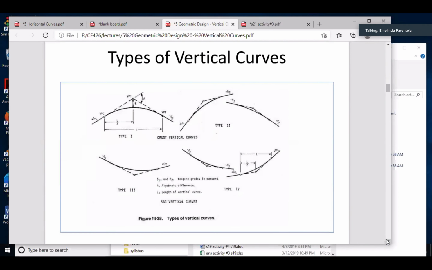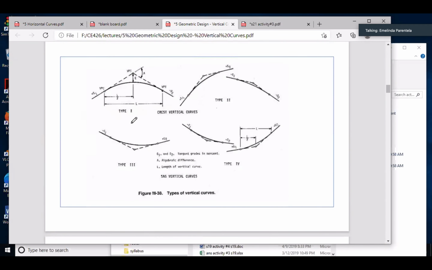There are several types of vertical curves. There are two main types. One is the crest curve, and the other one is the sag curve. On the crest curve, there are several types, as you can see here.